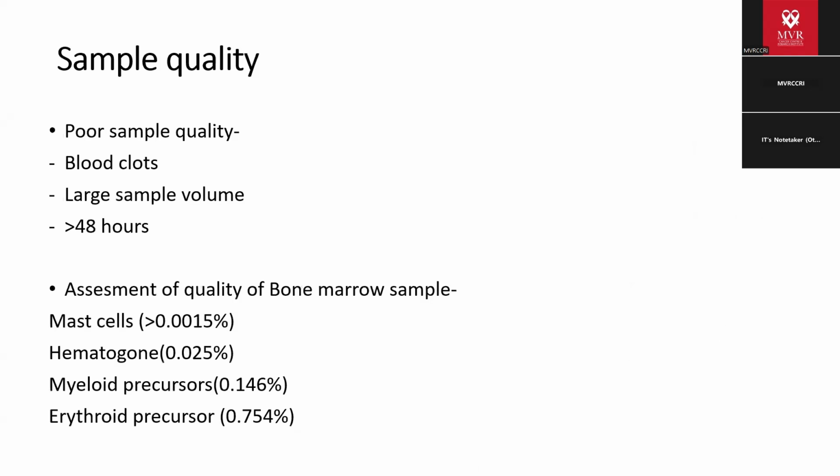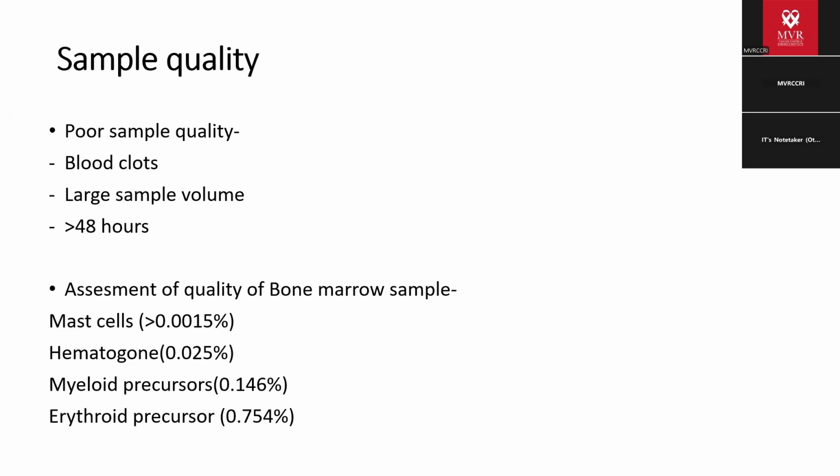So the sample quality is very important because, as I also told in my previous talk on B-cell MRD, poor sample quality is one of the main reasons why we have a false negative MRD. Poor sample quality can be because of the presence of blood clots or large sample volume. We are getting 5, 6, 7, 8, 9 bottles of EDTA which are not numbered. We don't know which is the first pull and which is the second pull. Naturally, after the first 5 ml, the sample is going to be dilute.